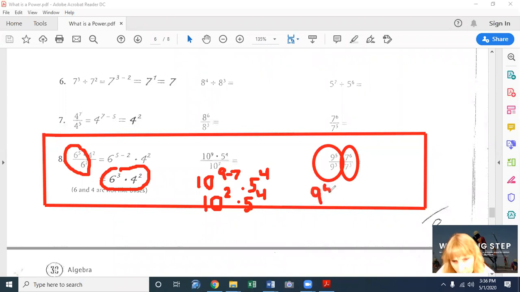So it's 9 to the 5 minus 3 power times 7 to the 6th divided by 7 to the 3rd is 7 to the 6th minus 3. So simplifying that, we get 9 to the 2nd power times 7 to the 3rd power. And that's as much as we can simplify it. So that is the answer to that one.